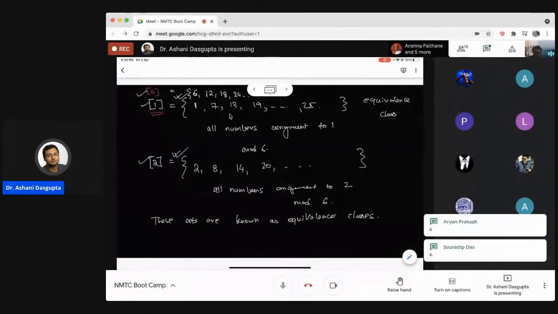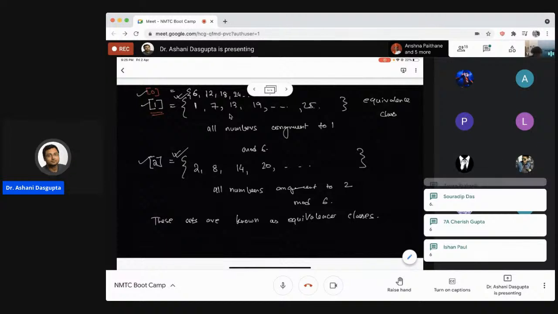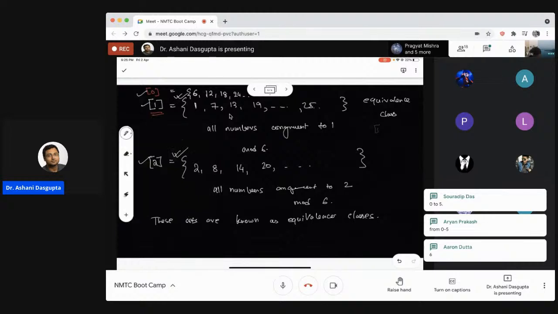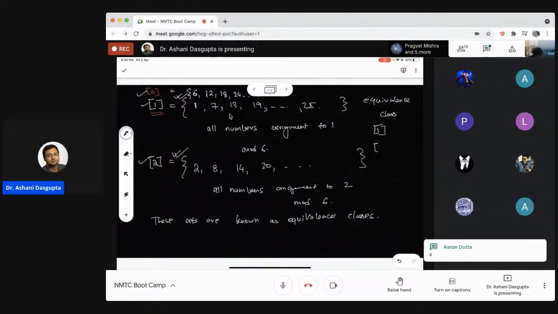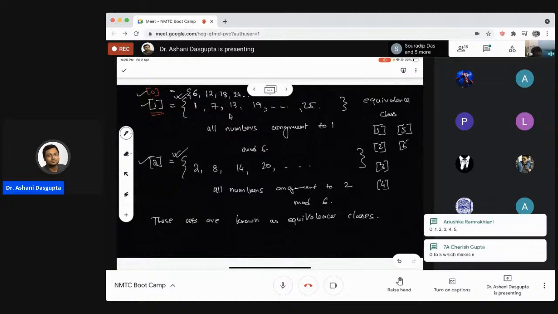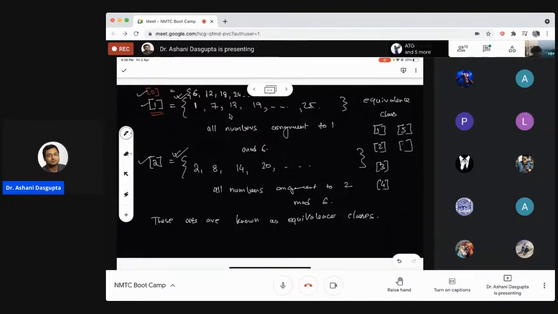There are 6 equivalence classes, right? So you have 1, 2, 3, 4, 5, 6. Or if you don't take 6, you can make it 0, I guess. So that's fine. So you have 6 equivalence classes.